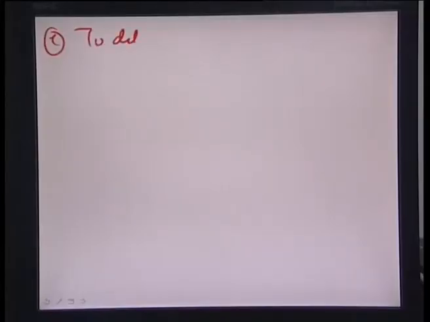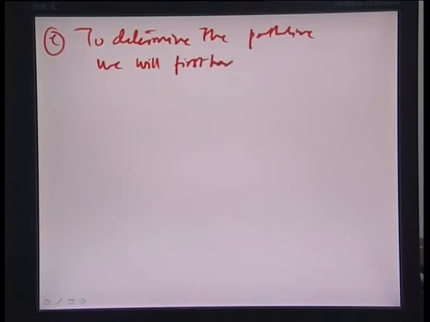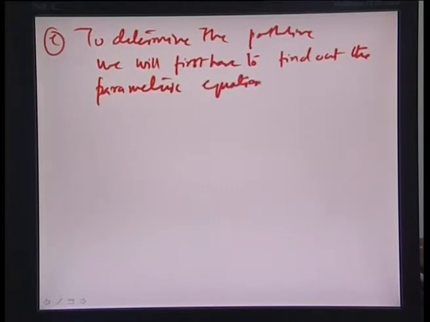So, let us say in order to determine this path line, we will first have to find out the parametric equations x equal to x0 e to the power of at and y equal to y0 e to the power of minus at.